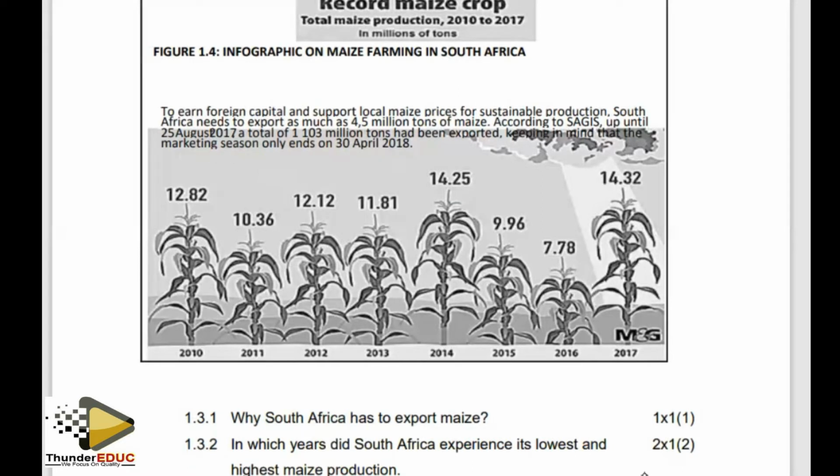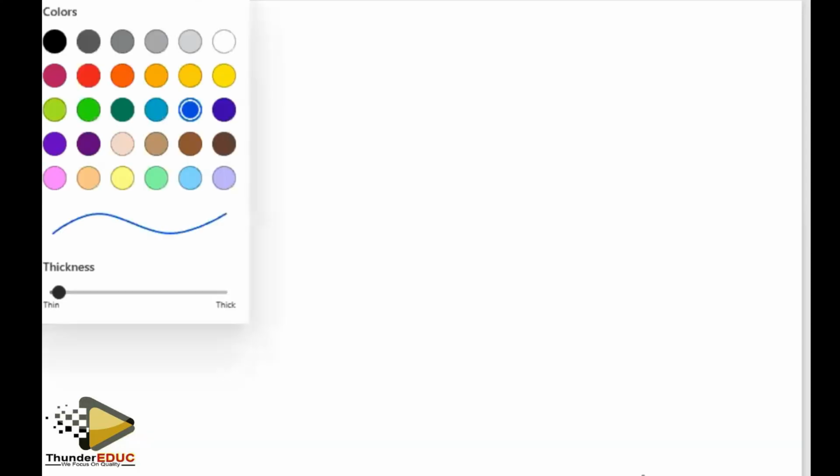So, our answer for 1.3.1 is supposed to be to earn foreign capital.